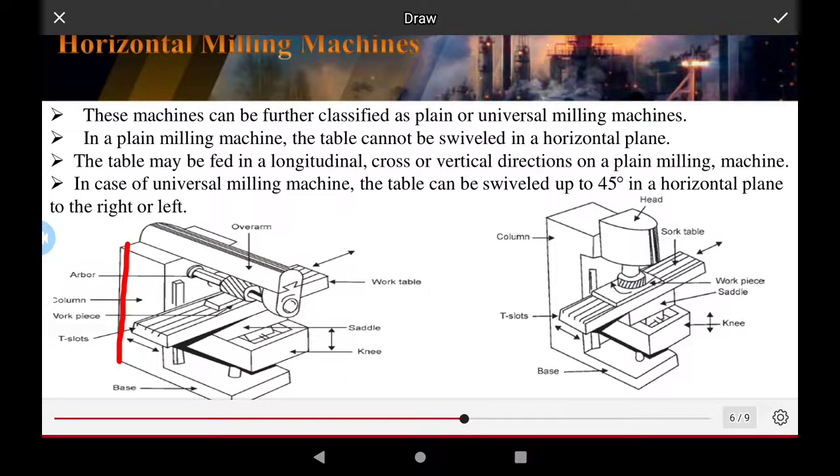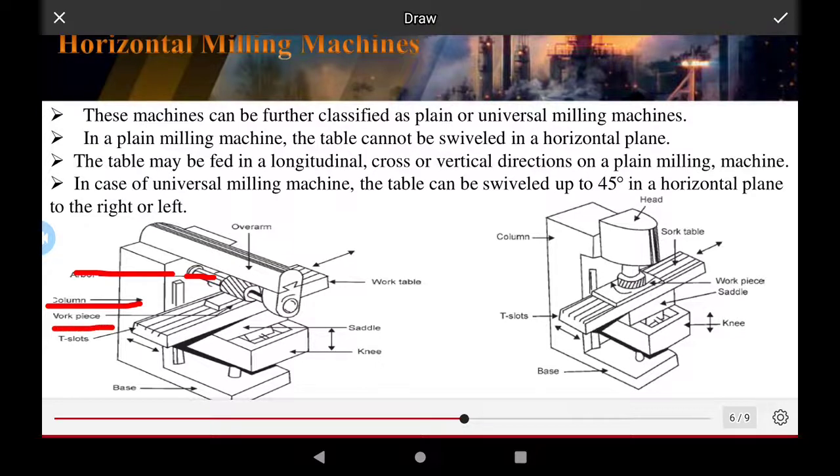This is the column of the machine, and this is the overarm of the tool. This is the horizontal work table of the machine. This is the rotator, and this is the column of the machine.